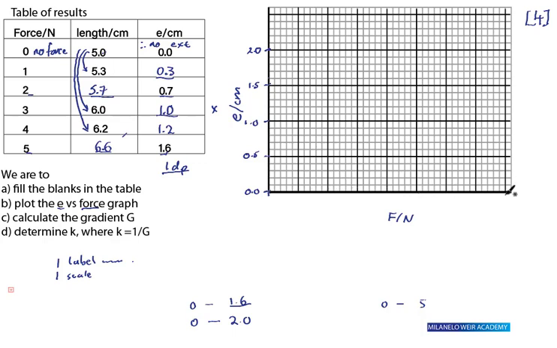So I have to cover at least 4. Where is the half? 1, 2, 3, 4. This is half of the grid on the x-axis. So this mark is very difficult to obtain, my friends, because they fail to do this.